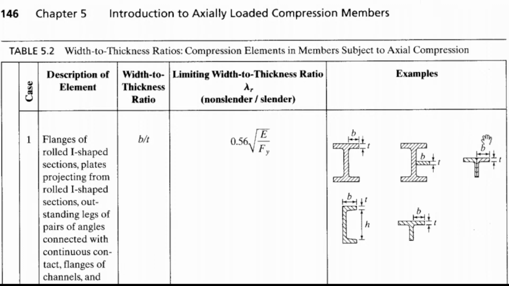So it differs when we are looking at this concept. It is different from the normal value of B, the width. The normal value of width is from edge to edge, not this one.